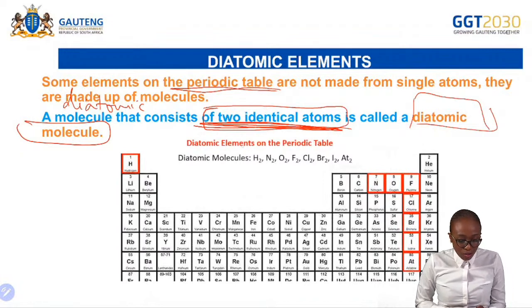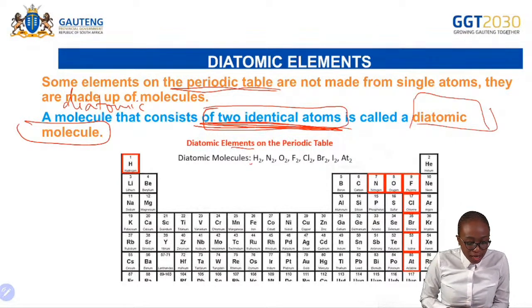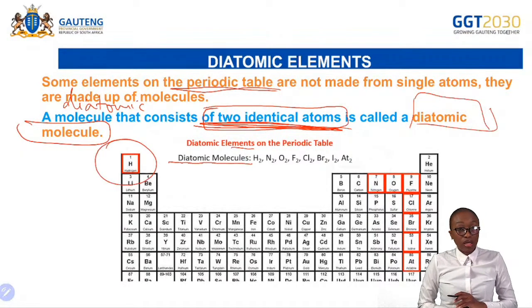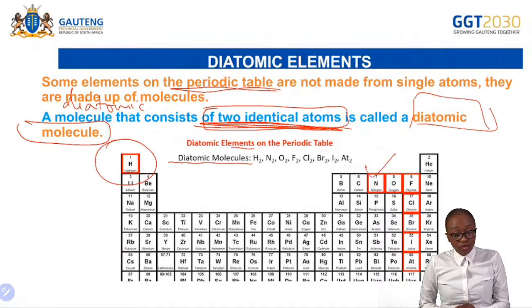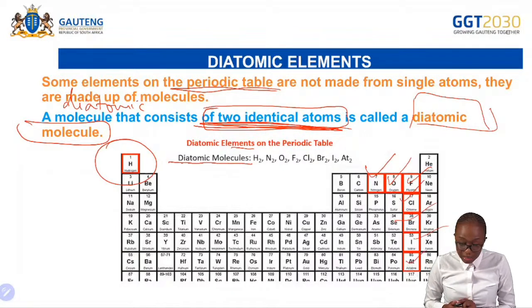Now, diatomic elements, or rather elements that exist naturally as diatomic molecules, are found on the periodic table. We've got them here: hydrogen, nitrogen, oxygen, fluorine, chlorine, bromine, and iodine.